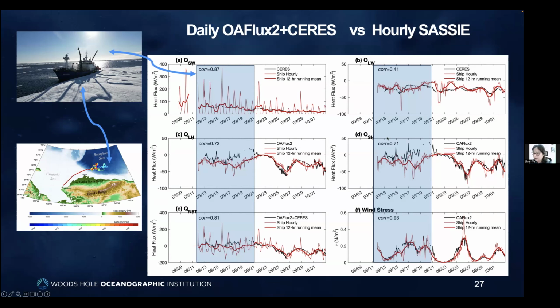On the other hand, the solar radiation and net shortwave radiation from the series are doing pretty good. The long wave radiation shows a little bit of deviation from the cruise track observation. And the wind stress is really great. We're doing really well in observing the wind stress along the cruise track.